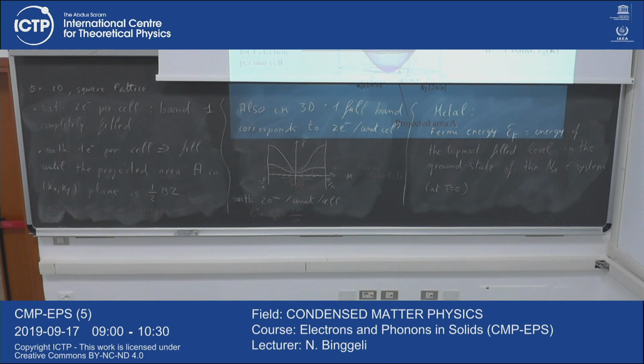And again, if you have bands in three dimensions that are well separated in energy, the first from the next one, if you have 2 electrons per unit cell, you occupy fully just one band. Okay? So that's 1, 2, and 3 dimensions.